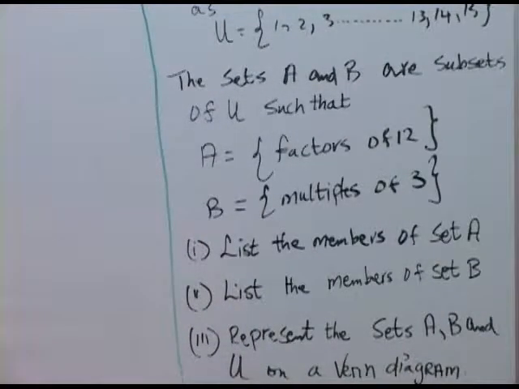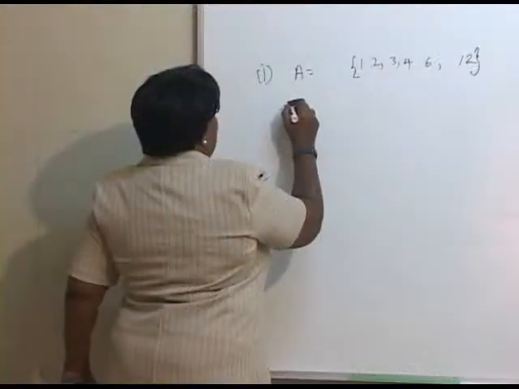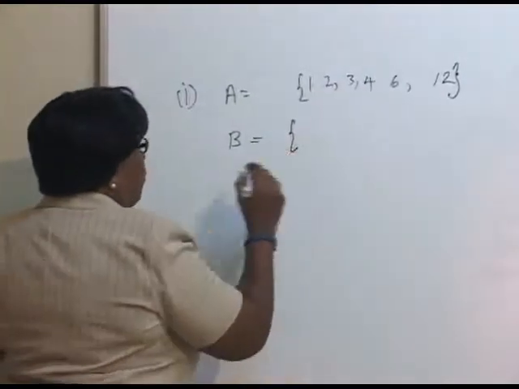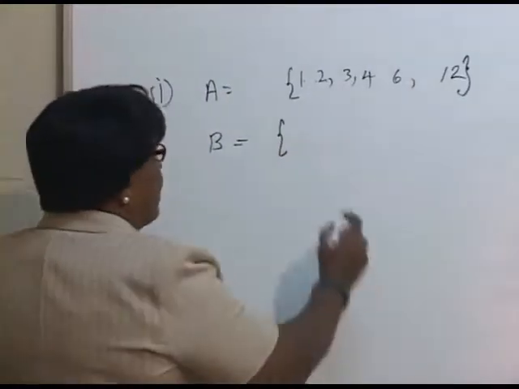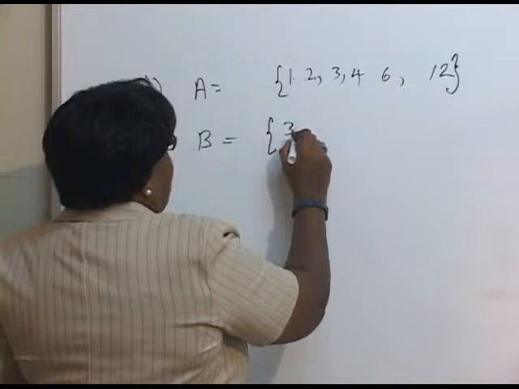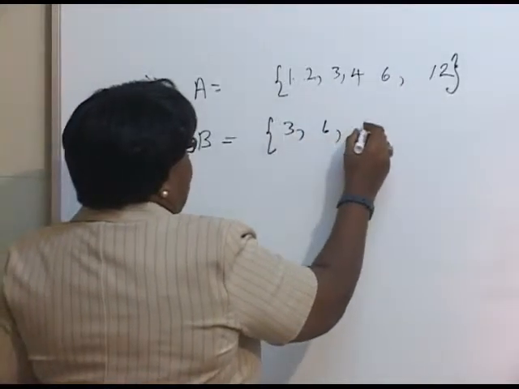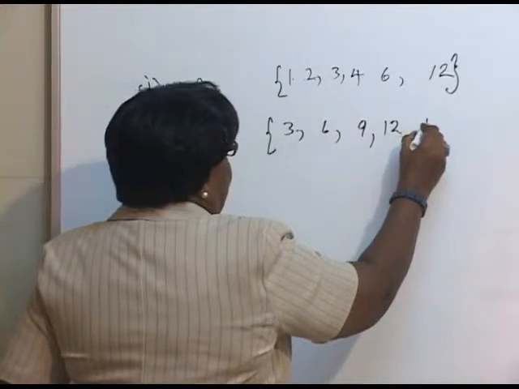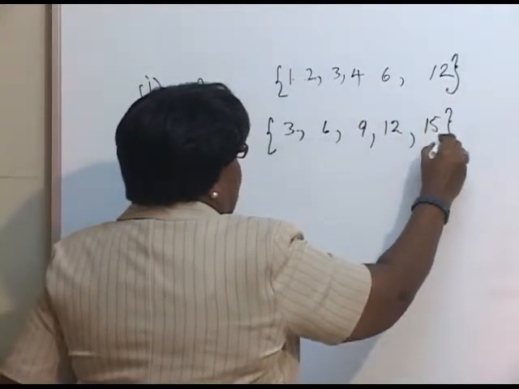And then B, using this particular setup here, they want us to give them multiples of 3. All right? So B would be equal to, and from this set, yes, we would have been getting 3, 6, 9, 12, and 15.